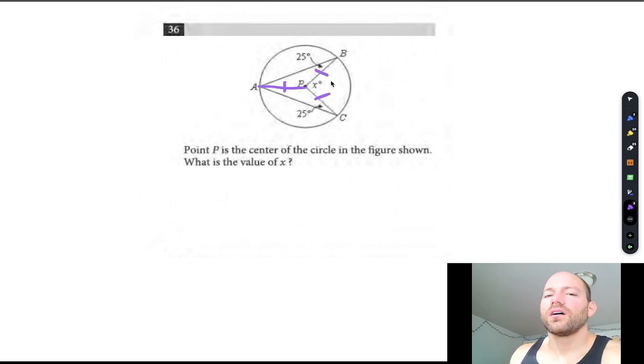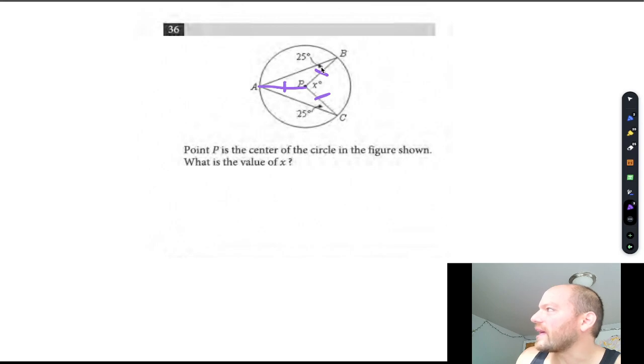So we've chopped up the shape. We've chopped it up into 2 triangles. And because each triangle has 2 sides that are radii of the circle, that means each triangle is an isosceles triangle. Meaning 2 sides are the same, and therefore 2 angles are the same.